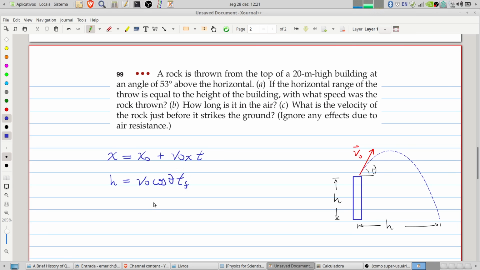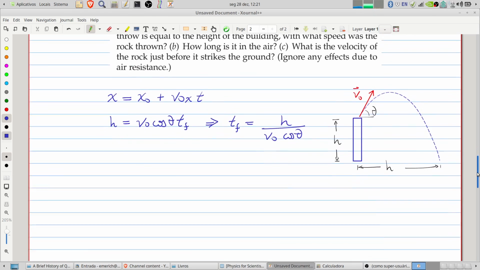Let's represent with a letter f the time to reach the final situation. Therefore, the total time will be h divided by v0 cosine of theta.